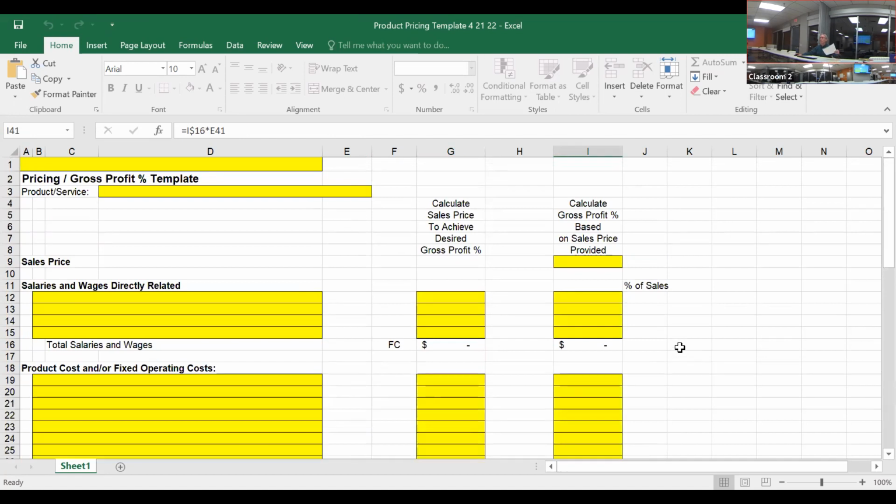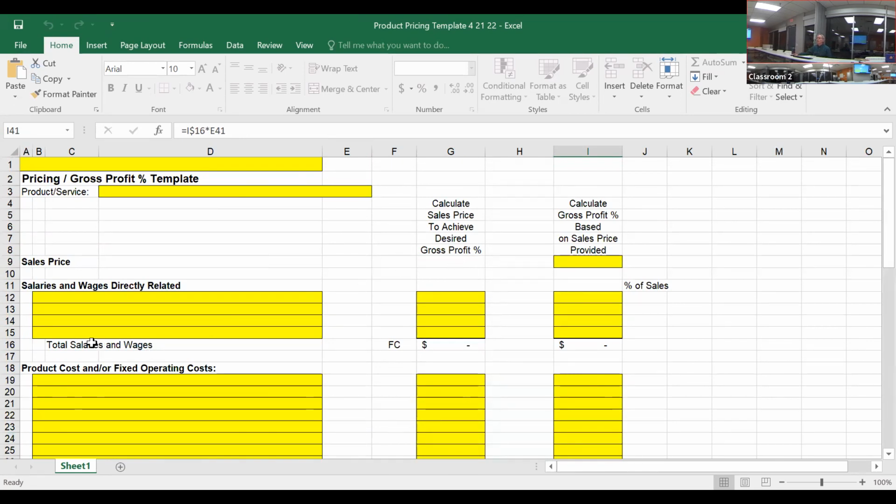So we're going to look at this from the point of view of two ways to look at pricing. The first way is to calculate sales price to achieve a desired margin or gross profit. Remember what we did when we looked at it in the prior slide. We started with what our costs were, and that's the same thing we're going to do here.